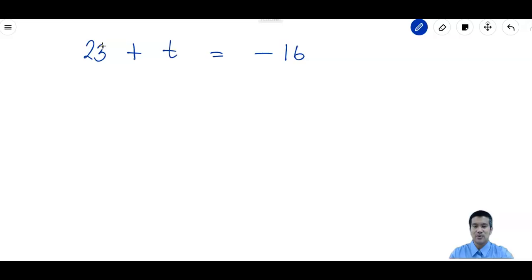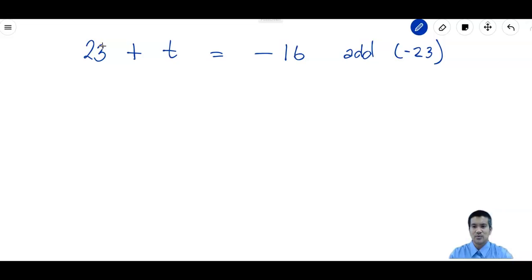So first, we have to add -23 to both sides. We have to add on this side of the equation, and we have to add as well on the other side.